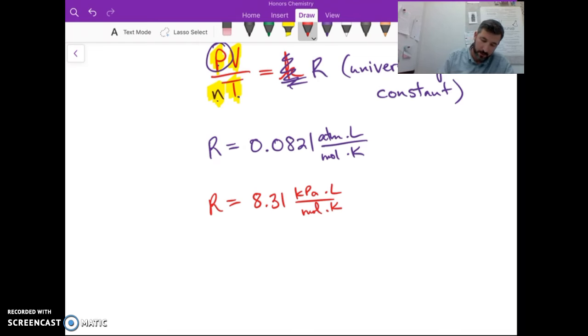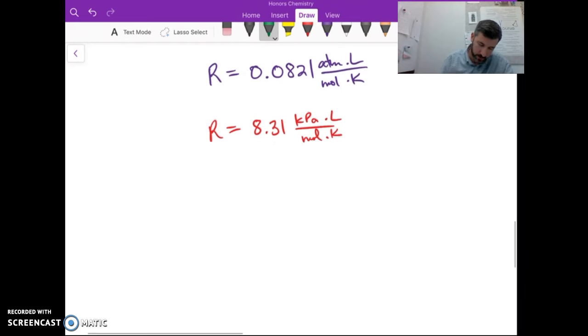And then the last one would be millimeters of mercury, or torr. Remember, torr means the same thing as millimeters of mercury. And so if we're in one of those units, it's going to be even bigger, because remember, standard pressure in millimeters of mercury is 760. So 62.4 mmHg times liters over moles times kelvins.